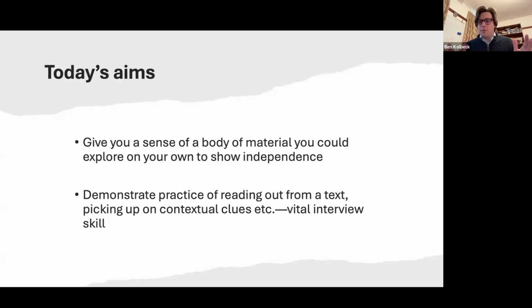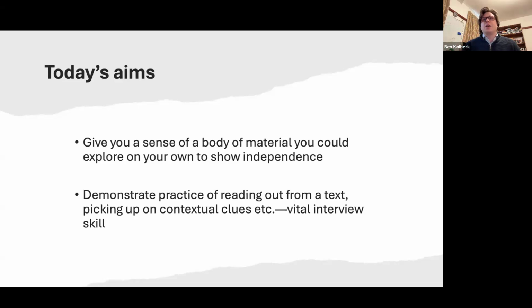And I should say, this is not the only kind of material that you could do that with, but I want to give you a sense of the kinds of tools that are out there for you to start to explore the ancient world independently, which will help show that you do have an independent interest in the material and have something interesting to say about some sources from the ancient world. So that's one part of it.